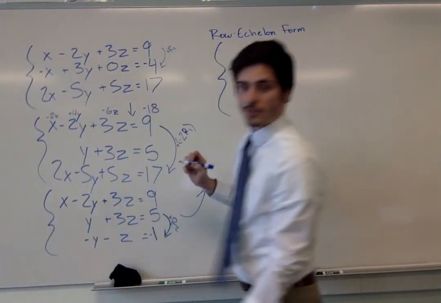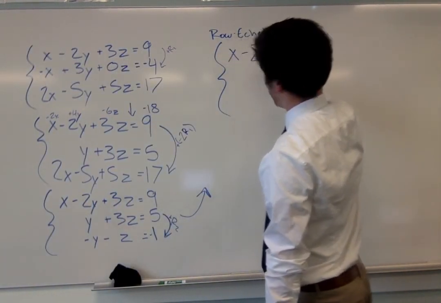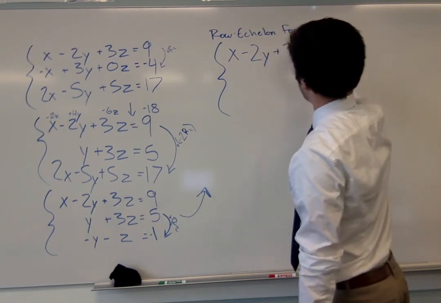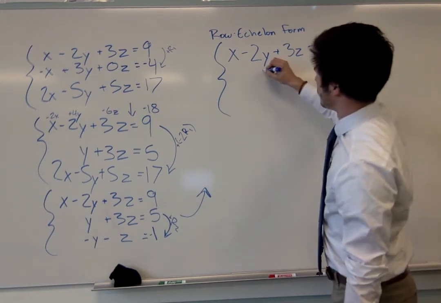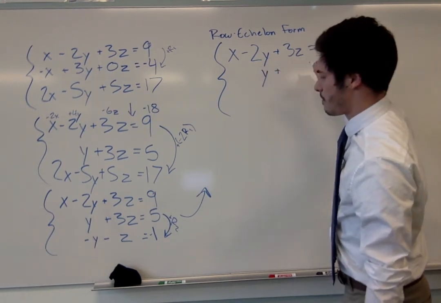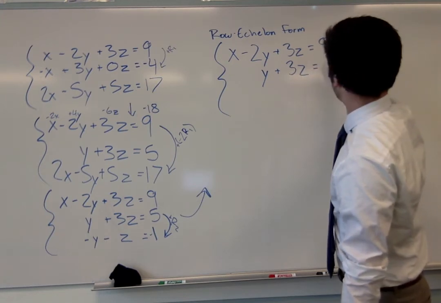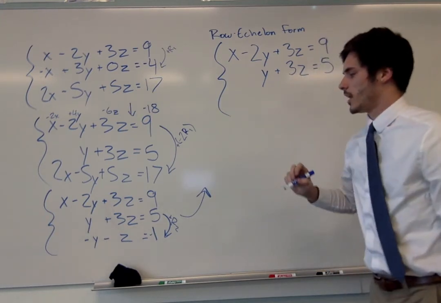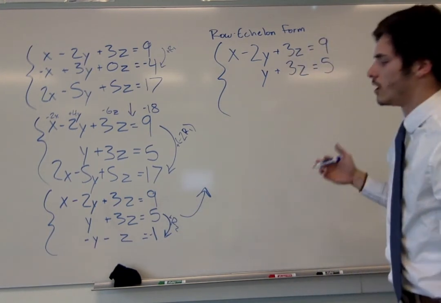So we have our original equation still set up there, x minus 2y plus 3z equals 9. And then we have our second one that hasn't changed since the first step. And then we have our last one, which we have just added row 2 to.